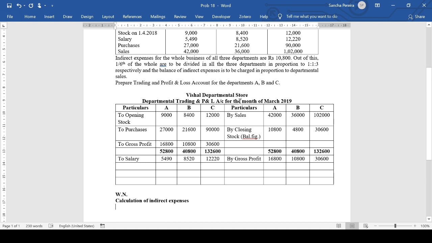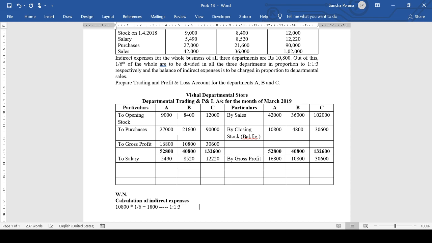First we check what is one-sixth: 10,800, the total, into 1 divided by 6, gives you 1,800. This 1,800 I have to divide in the ratio of 1 is to 1 is to 3.